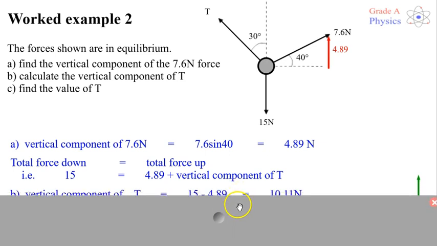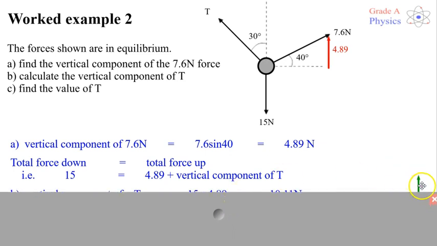So the way we do this, as we've alluded to a minute ago, is we need to consider the forces acting up. So the sum of the forces acting up must be equal to the total force acting down. In other words, 15 acting down must be equal to this unknown value here, shown by the green arrow, plus 4.89. So this actually becomes a very straightforward mathematical calculation.